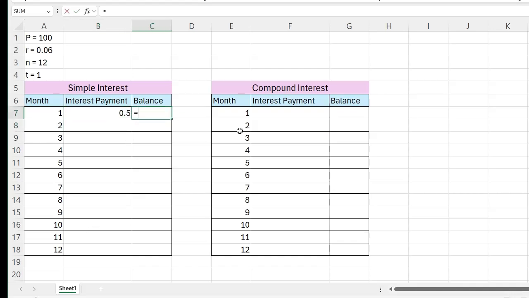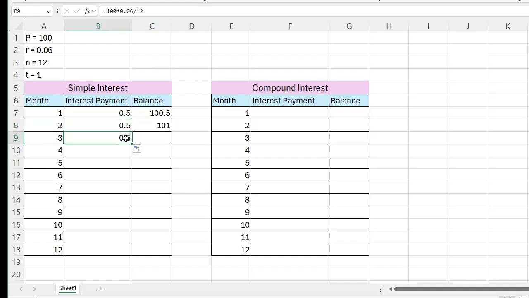My balance then would be that $100 plus this interest. For the next month, this is not going to change, so I can just drag it here. See, the formula does not change in the simple interest world. I will stay with having $100 and I will get another 50 cents. So my balance would be this $100.50 plus that new 50 cents that I just earned. So I'll have $101 at the end of the second month.